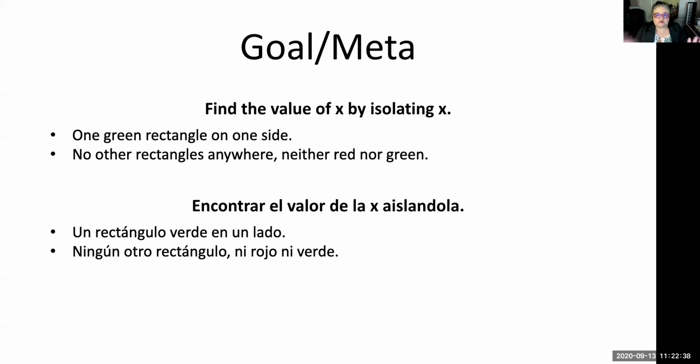As long as there's no rectangles on the other side, podemos ver el valor. So you want one green rectangle and then whatever squares on the other side. Quieren quedarse con un rectángulo verde de un lado y luego cuadros del otro lado. That way you can find the value.